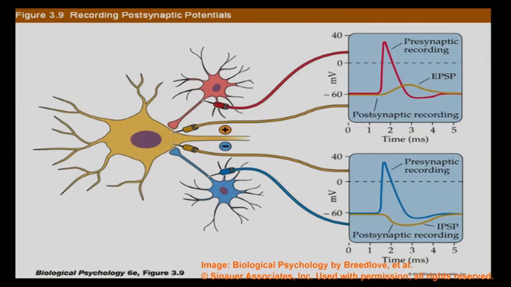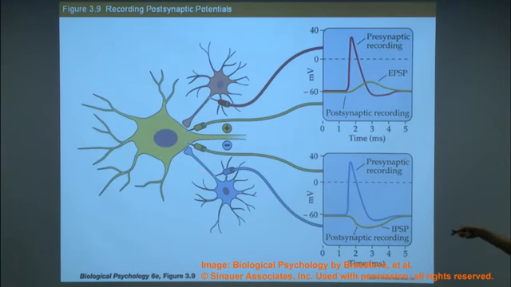So hopefully let me explain this. This will give a little bit more clarity. Here, this is an example on this side of an EPSP, and here's an example of an IPSP. Let's focus on the EPSP first. Here's the presynaptic neuron. Here is the postsynaptic neuron. Here is the synapse right here. Presynaptically, I'm recording from this node of Ranvier, and I see an action potential. The action potential comes down, and in this case, I'm telling you it's causing an EPSP.